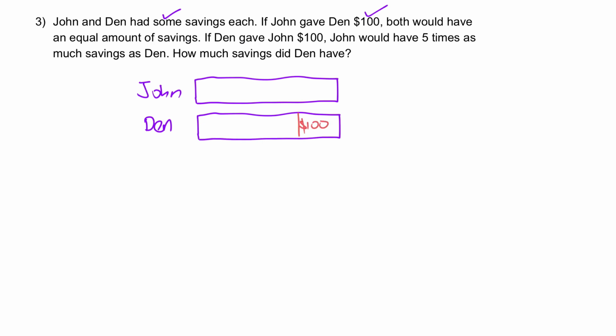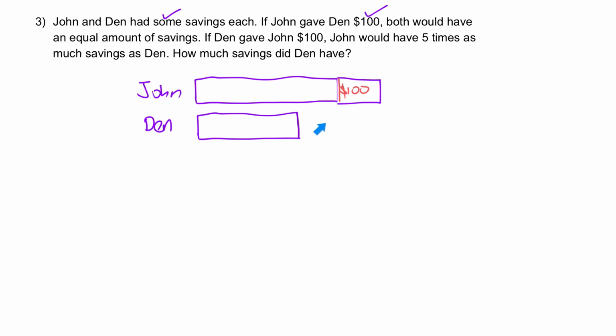This $100 was given by John to Dan. So right now, let's give it back. Okay, let's cut this away and give it back. And then we can remove this. So this is the model at first.